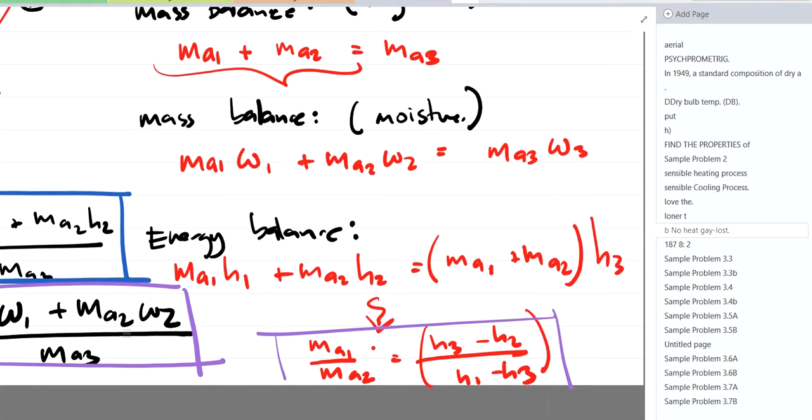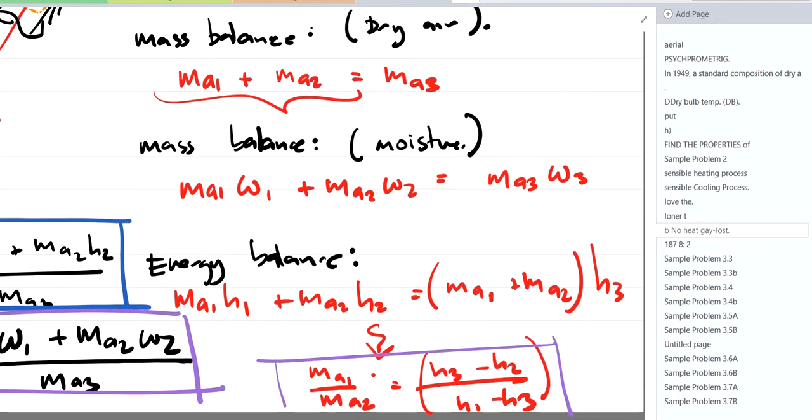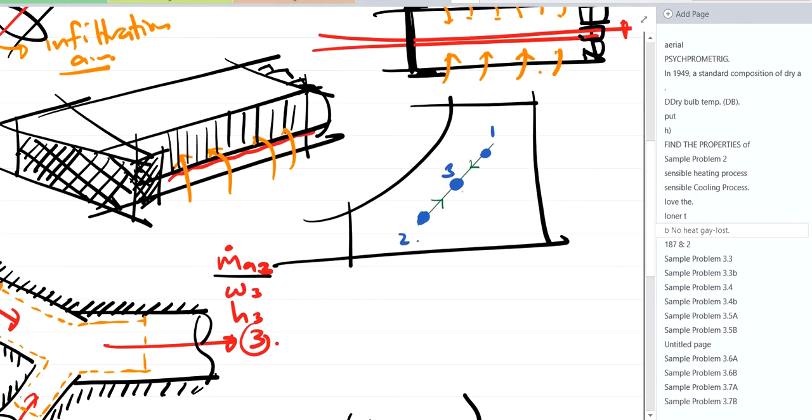For our computation, this one will be handy, because sometimes we're asked to find the enthalpy of state 3, or the moisture content of state 3. If we have these two properties, W3 and H3, then we can solve for the other properties.